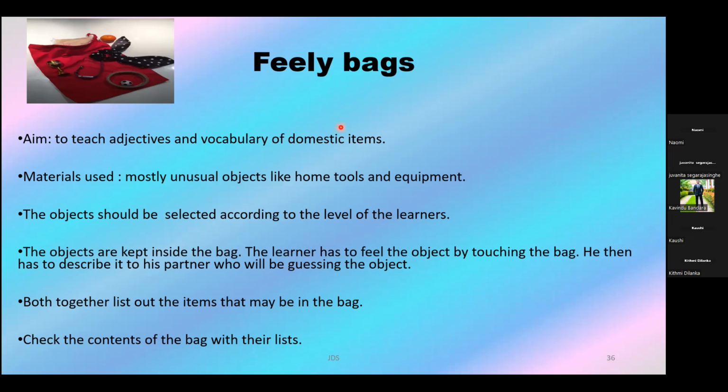They will come across different nouns. What else? They learn adjectives, right? Square or round or maybe hard, soft. Adjectives. They learn vocabulary, and they can also master their spellings.